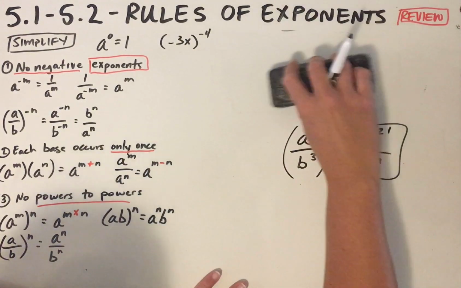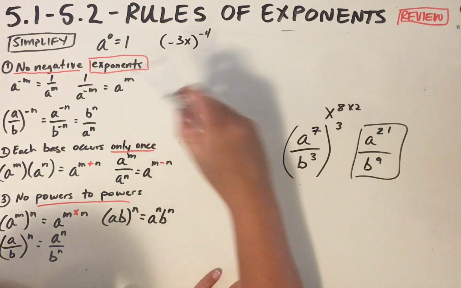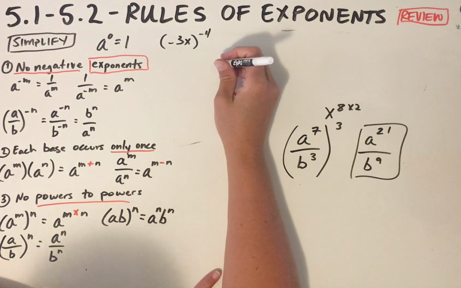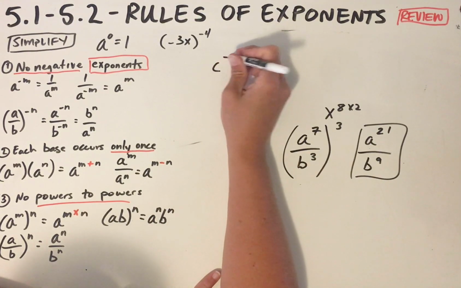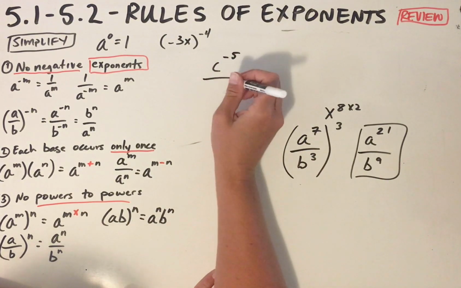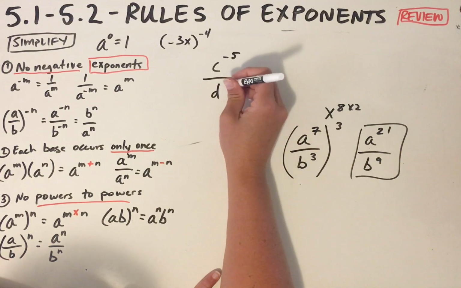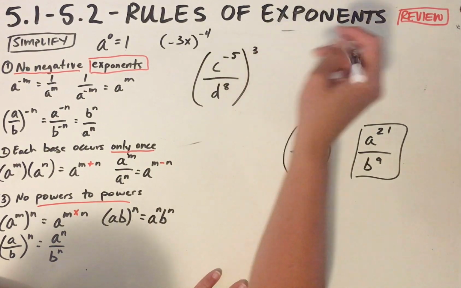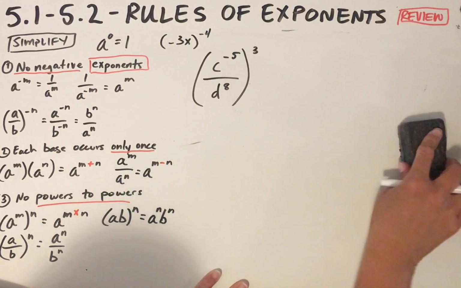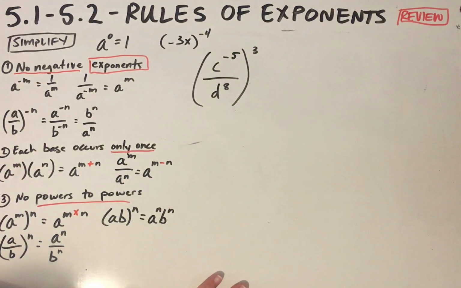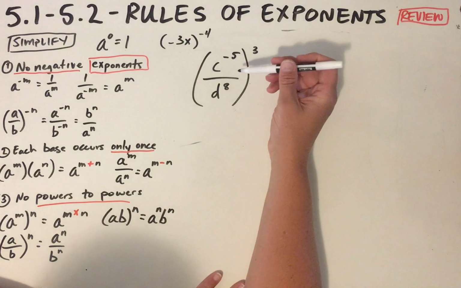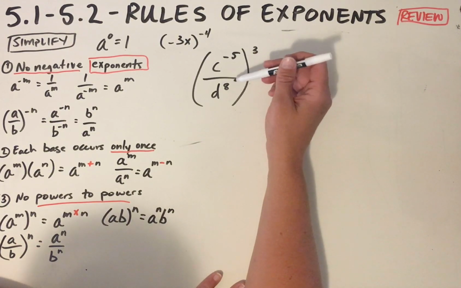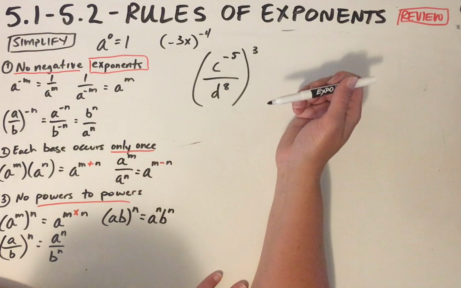So what if I had c to the negative 5 over d to the 8th, and I wanted to raise this to the 3rd power? Well, I can get rid of the negative exponent first by putting the c downstairs, or I could get rid of the power first.